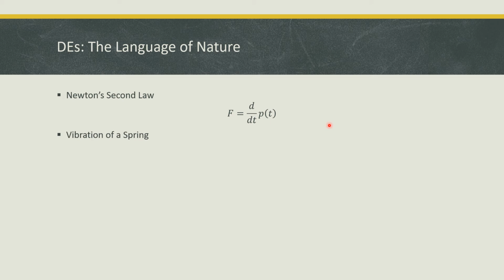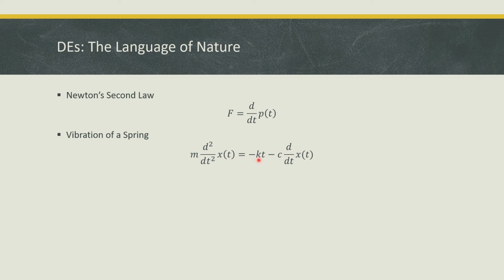Now if you think about the vibration of a spring when you stretch it and let it go, that can be modeled as follows. Here we see that this is the acceleration of the spring, and here is the speed of the spring. So we have a second-order derivative and a first-order derivative.